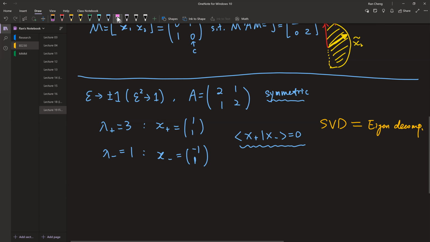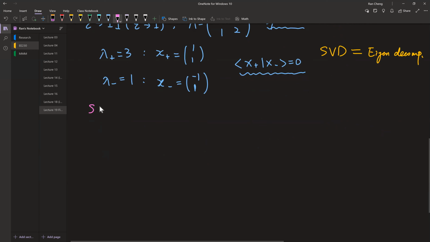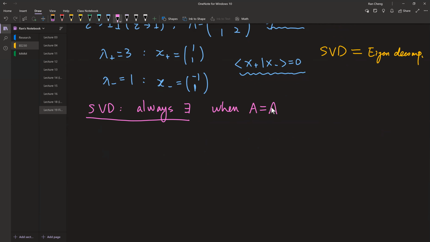So here I'd like to make an additional comment. For SVD, you can always do it. It always exists for an arbitrary matrix. And in general, the SVD is not the same as eigendecomposition. But when A is Hermitian, or generally, I think, when A commutes with A Hermitian, so when the matrix is normal, no, let's see.